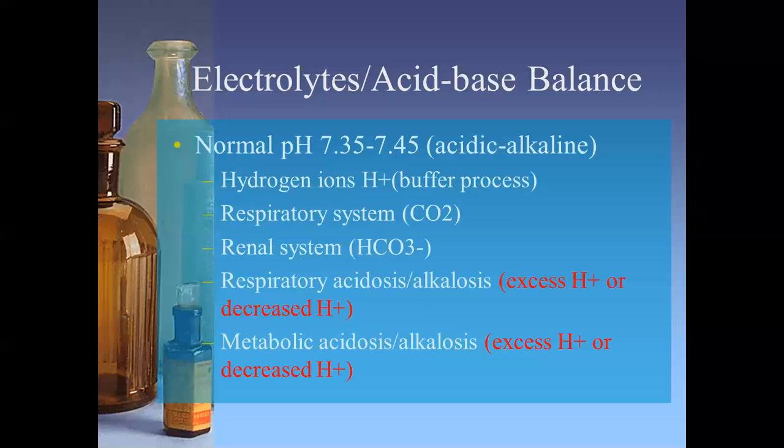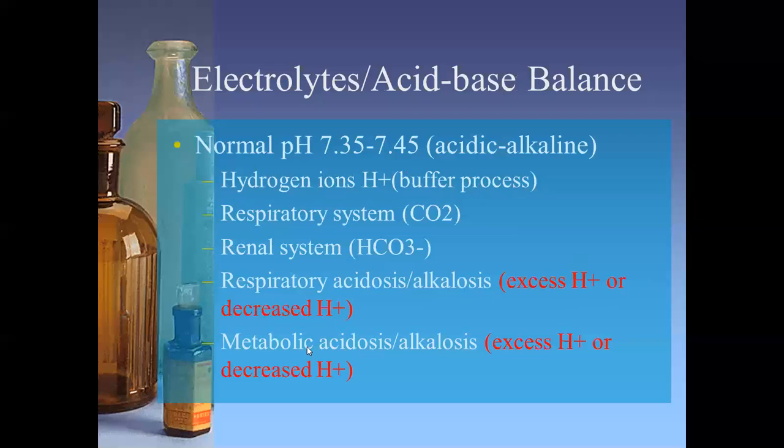So respiratory acidosis or alkalosis, what that is, is excess hydrogen ion. Remember over here we said the buffer of hydrogen ion? So when you have too much hydrogen ion or too little hydrogen ion, that's alkalosis and acidosis.